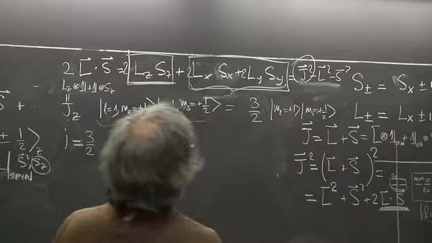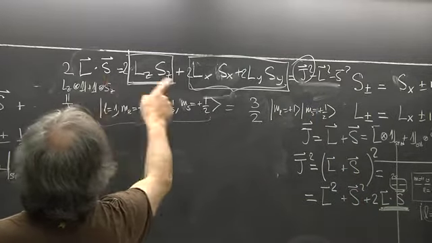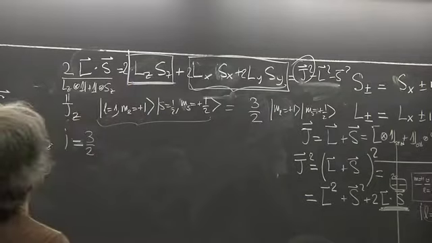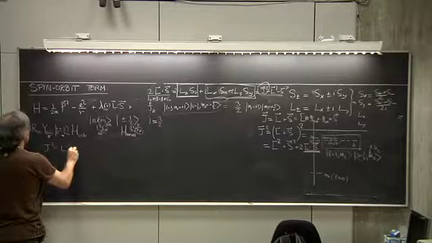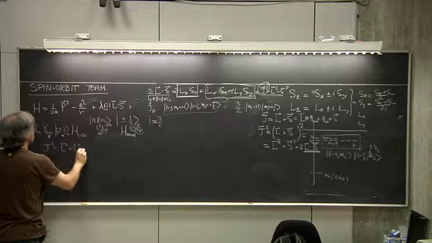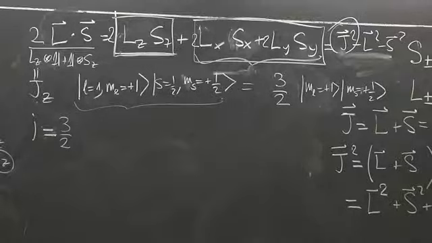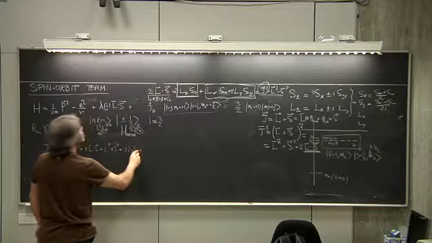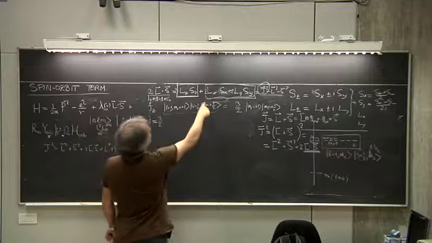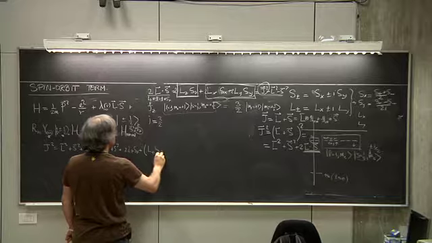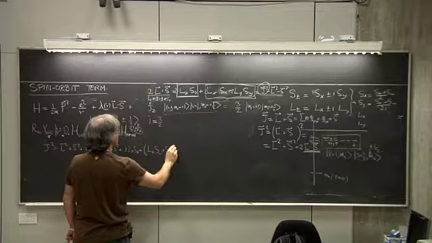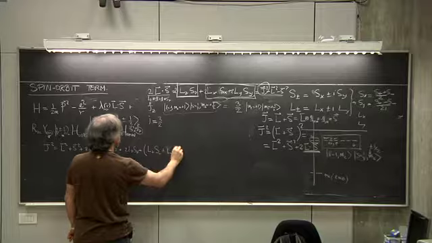J square is equal to L square plus S square plus 2L dot S. And this 2L dot S is also equal to 2LZSZ plus L plus S minus plus L minus S plus.